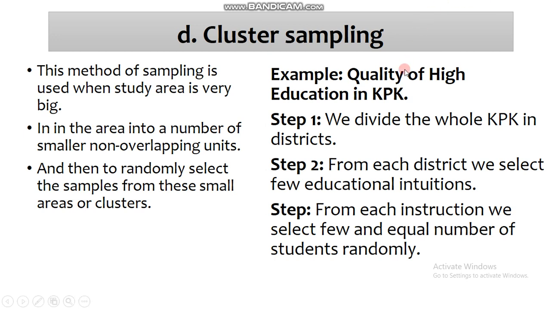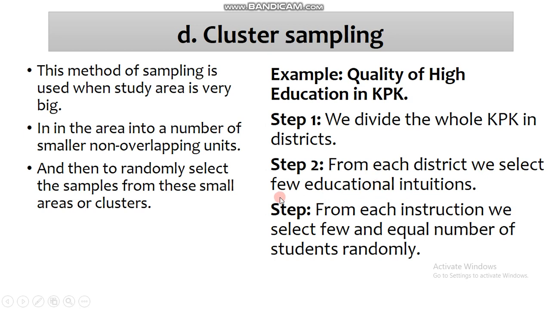An example of this type of sampling is studying the quality of higher education in KPK. It is not possible for us to go to each and every institute of higher education. That's why we divide our area into different districts. Each district is further divided into educational institutes.